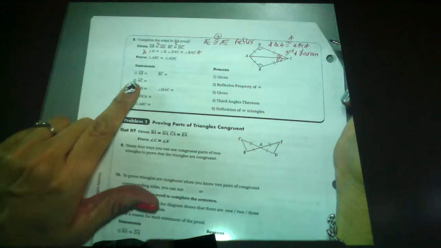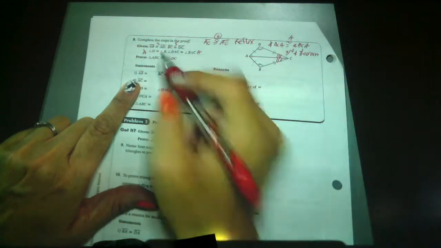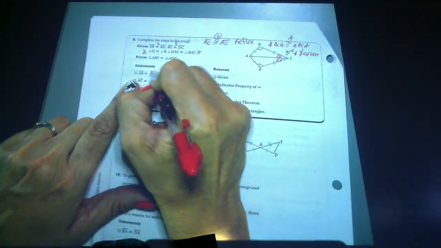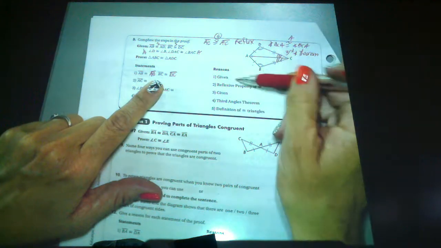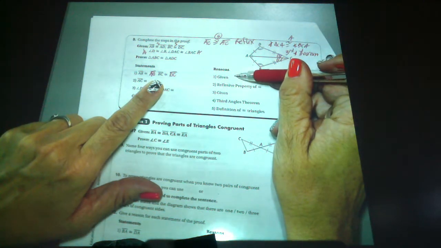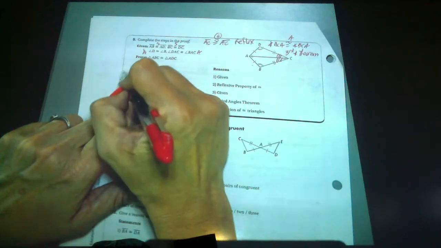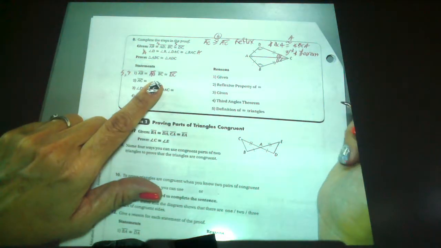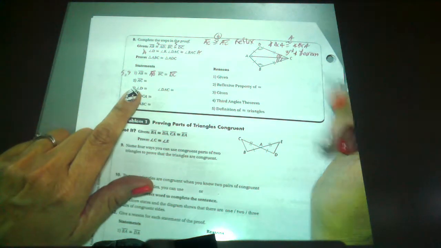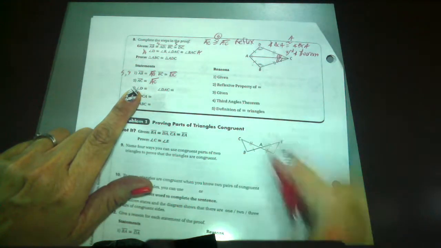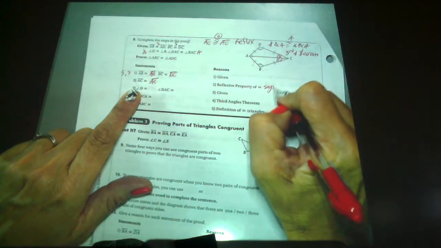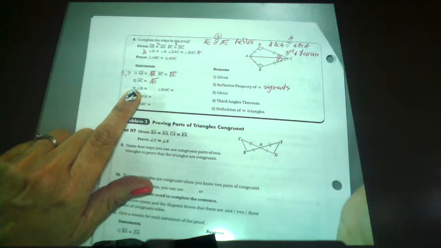So here, this is all that they've done. So AB is congruent to AB. BC is congruent to DC. They got that out of the given. So this is my side and my side. There's 2 of them. Then AC was congruent to AC. We got that ourselves using the reflexive property of congruent segments.